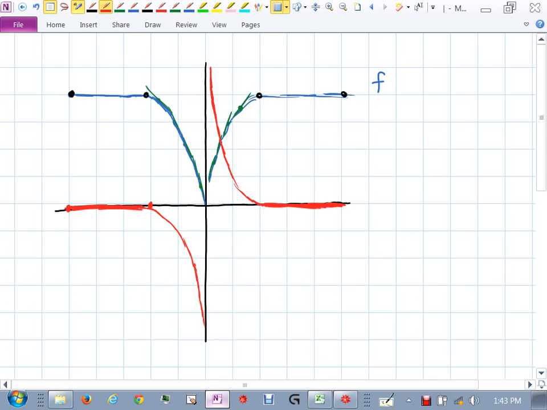Any questions? So in your homework, you're going to have a set of problems where they're going to give you a picture of a bunch of graphs, like a bunch of functions, and a bunch of derivatives, and you have to match the graph to its derivative.